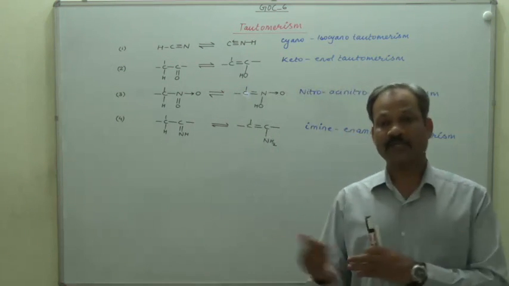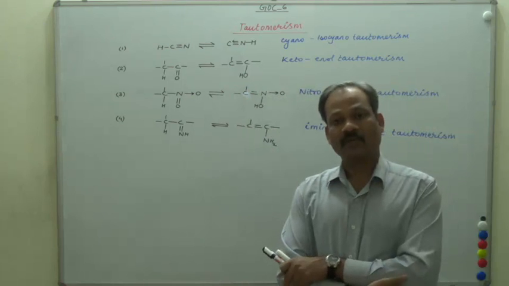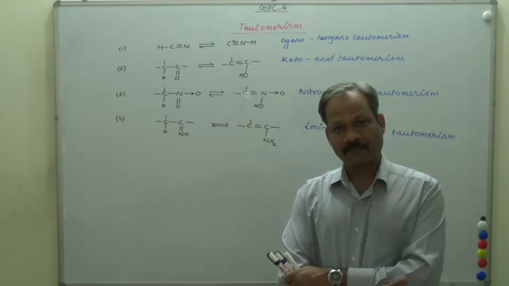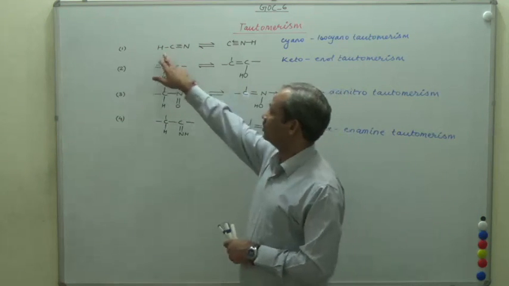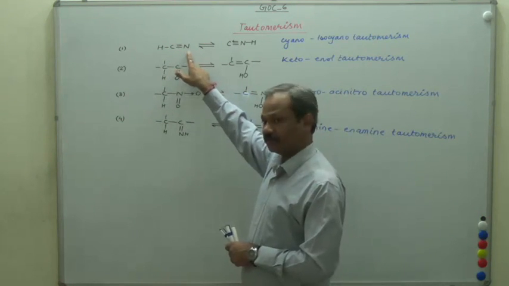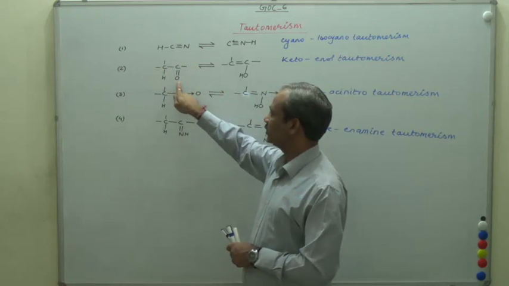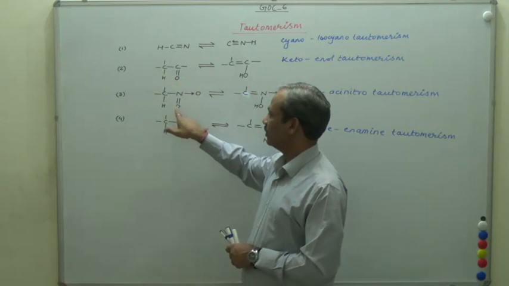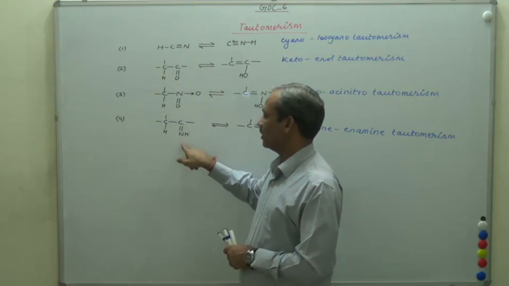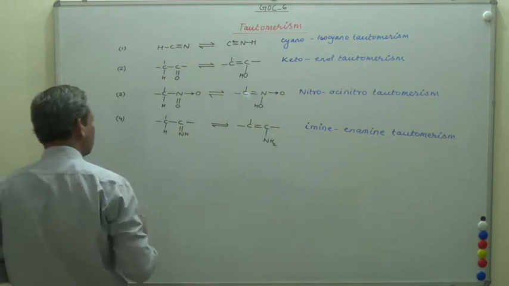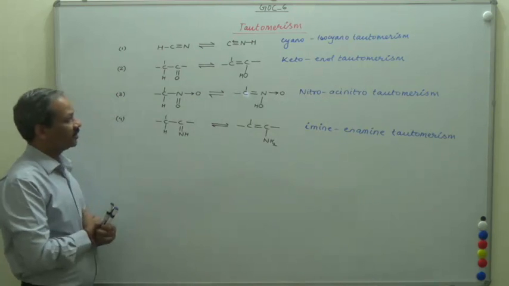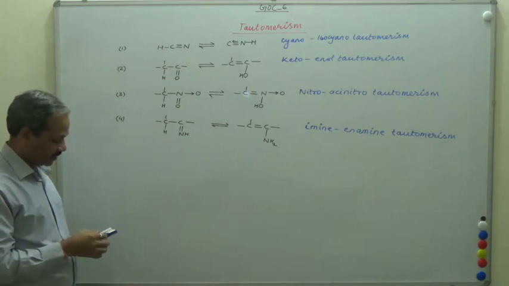The interconversion is because of shifting of hydrogen atom between two polyvalent atoms. Like here, the hydrogen is shifting between carbon and nitrogen. Here also carbon and oxygen. Here between carbon and oxygen, and here between carbon and nitrogen. So this particular type of isomerism is called as tautomerism.